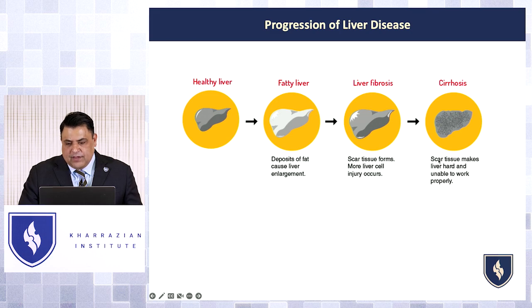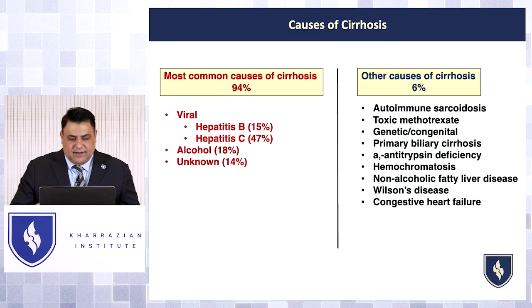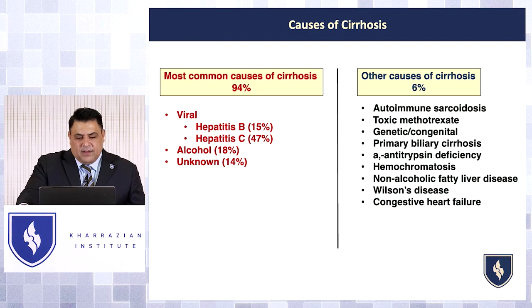And what tends to really cause expression of these are infections and toxic insults, and even some genetic issues. But when you look at causes of cirrhosis that lead to death and causes of liver disease that impact longevity, really you've got to look at viral infections.